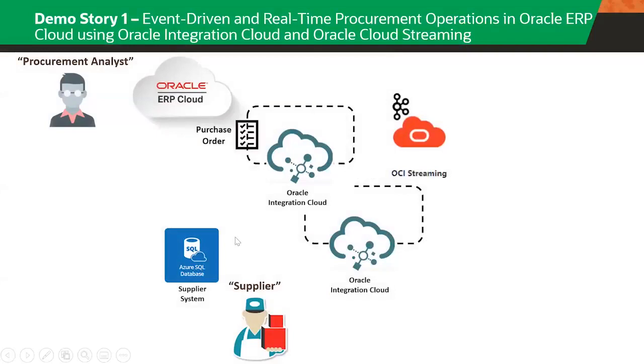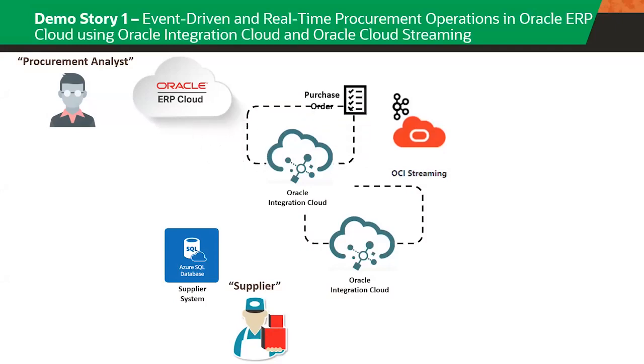So the first demo story that I'm going to show you is an event-driven and real-time procurement operations in ERP Cloud using Oracle Integration and Cloud Stream. Basically, the use case is there's going to be a procurement analyst who is going to navigate into the Oracle ERP Cloud purchase order module.